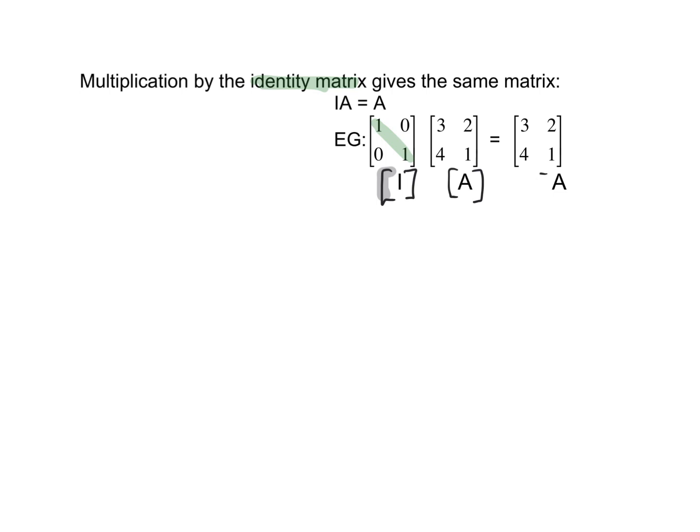Anyway, you get the same matrix, and we said that earlier. Just make note, so you wouldn't have to go and enter it all in. If you see an identity multiplied by another matrix, you'll get the same answer, so you could quickly do that.